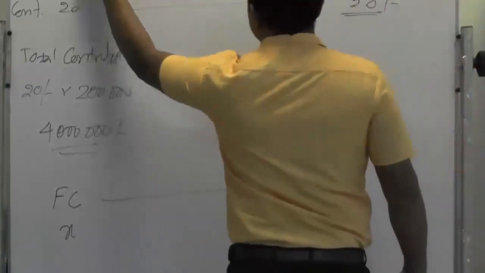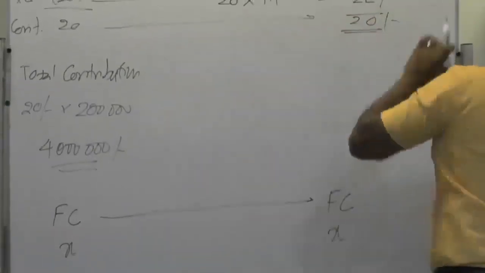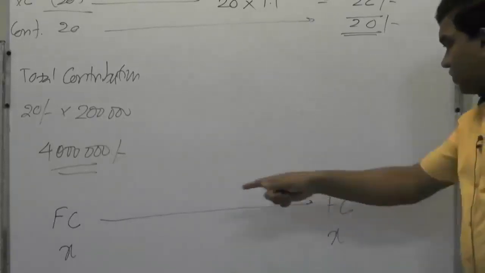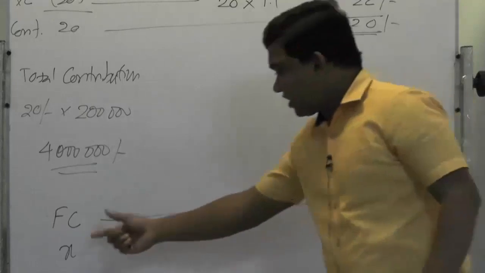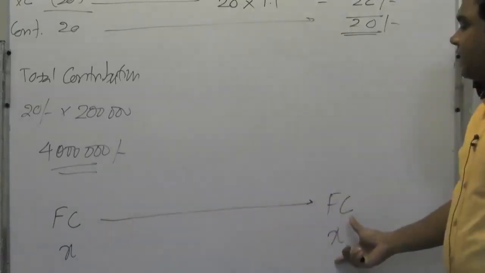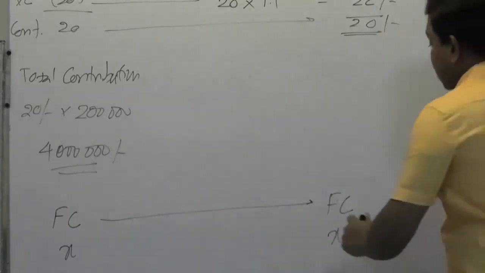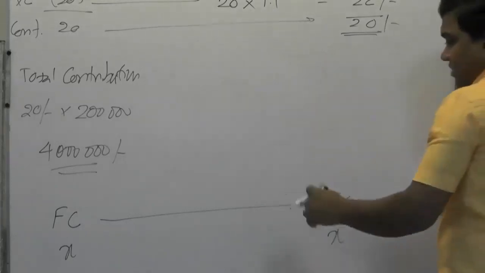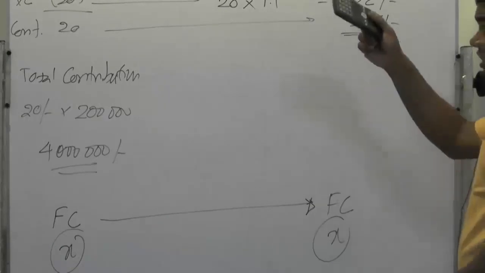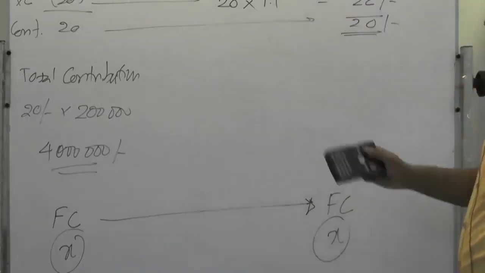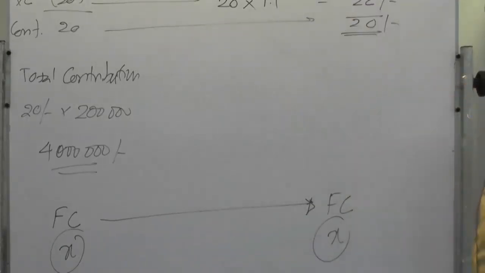Even if you produce and sell 200,000 or 250,000 units, your fixed cost will remain at a single value within the capacity. Therefore, fixed cost is a constant value within the capacity. However, if it is constant, it should be x here and x here, because they have not given the past fixed cost. We have to assume it as x.